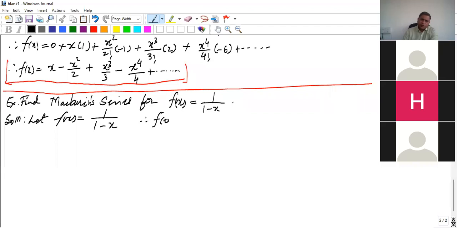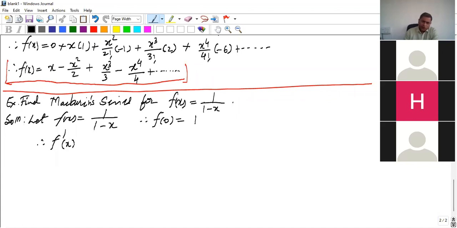What is our first step? Our first step is to find the value of the function at 0. So what will be the value of this function at 0? 1. Is it going to be 1? Yes, sir.